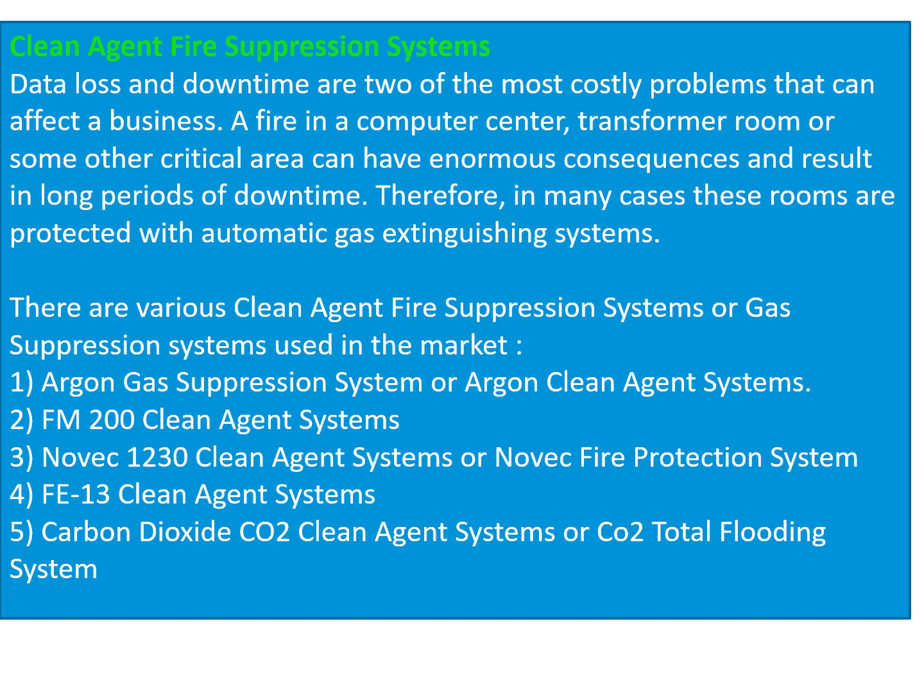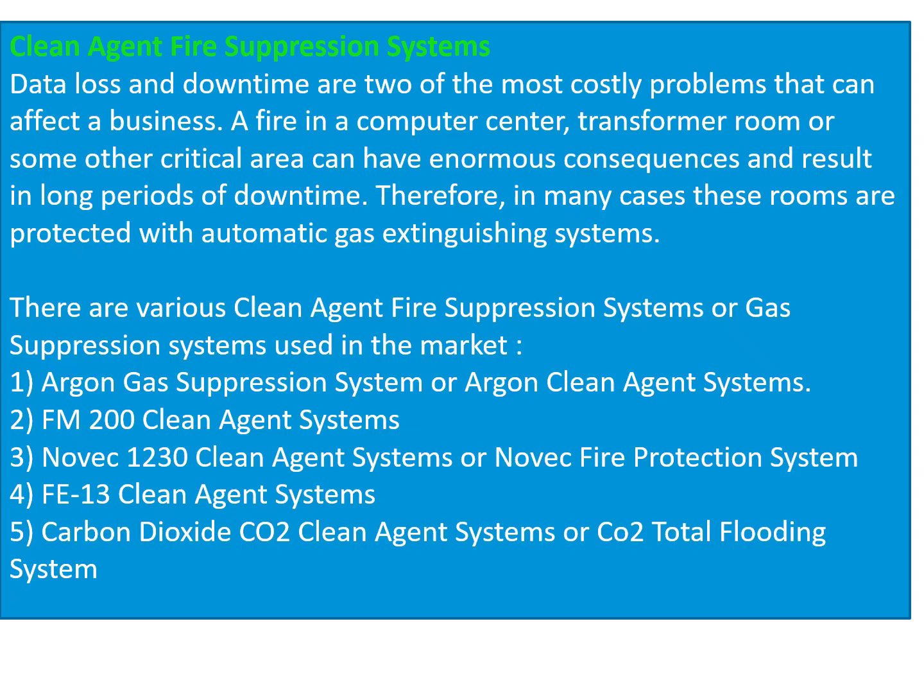whatever we have been reading. We'll once again summarize them because they are very, very important. There are various clean agent fire suppression systems or gas suppression systems in the market. One is argon gas suppression system or argon clean agent systems.